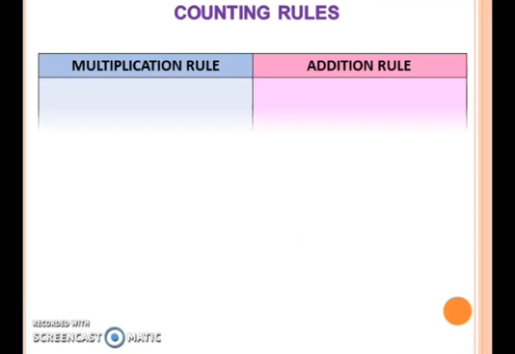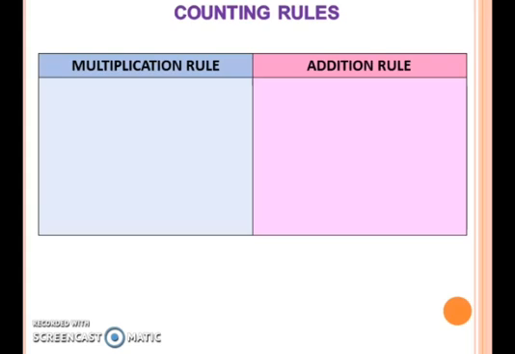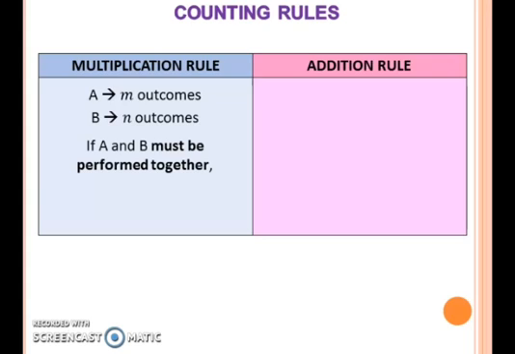Now, the easiest way to determine number of outcomes is by using counting rules. There are two important counting rules, namely multiplication rule and addition rule. Multiplication rule says that if action A has m outcomes and action B has n outcomes, and if A and B must be performed together, then number of outcomes altogether is m times n.